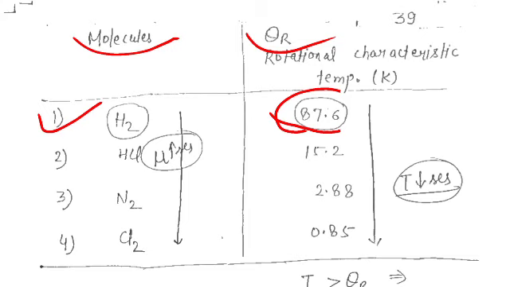I have given four molecules, and moving from top to down, H2, HCl, N2, Cl2, the molecular mass increases, and if you look on the right side, the rotational characteristic temperature decreases. This temperature decreases as nu increases.